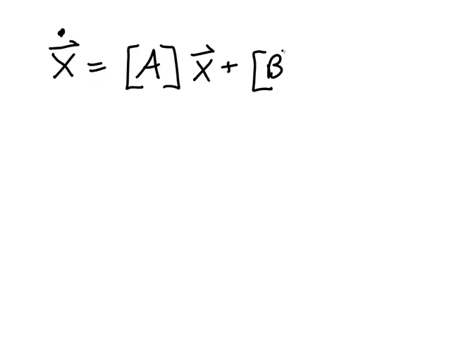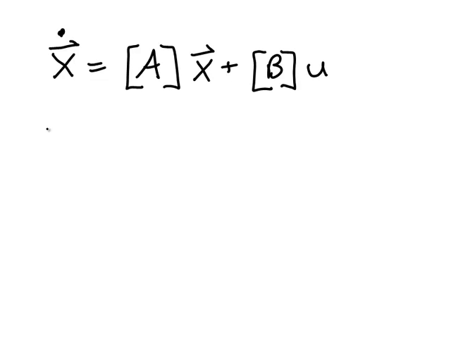We have two equations, and the first equation is our vector x dot, equal to a matrix A, which is multiplied by our state vector, plus another matrix B, which is multiplied by our input signal.